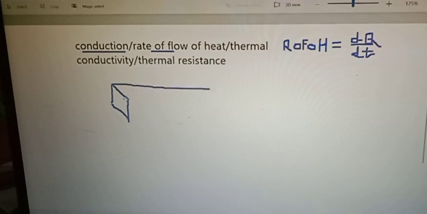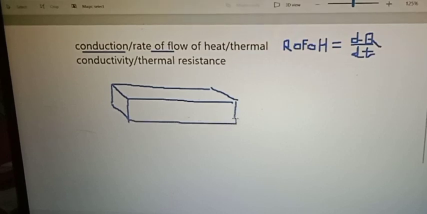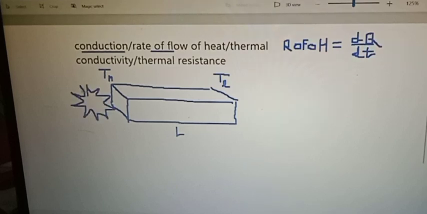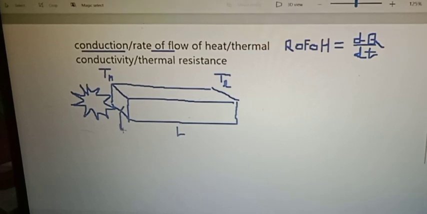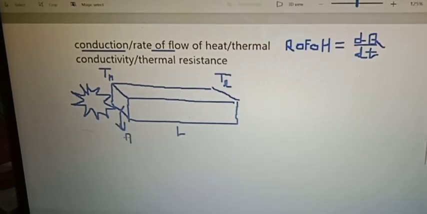So now let us consider a bar, and this left end is at TH, which is higher temperature, and the right end is at TL, which is lower temperature. Length of this bar is L, and there is a heat energy source.